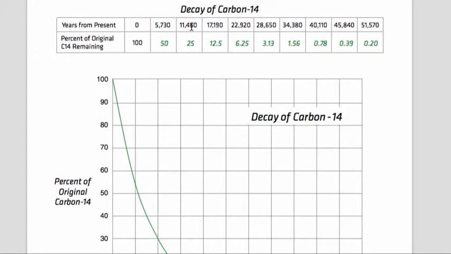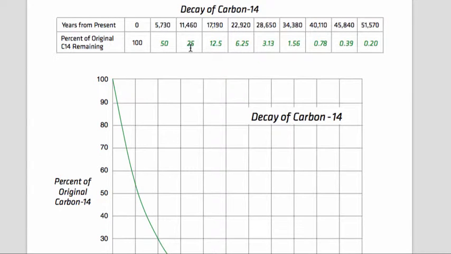And if you went another 5,730 years later, it would have only 25% of the original. So this is important. What you can see here is it lost 50% over 5,730 years, but then it only lost 25% over the next 5,730 years.